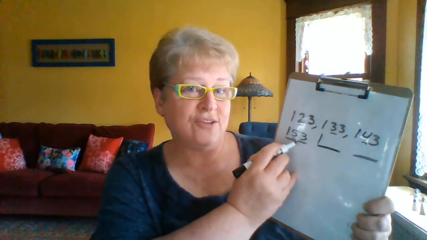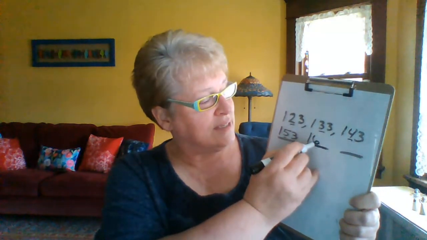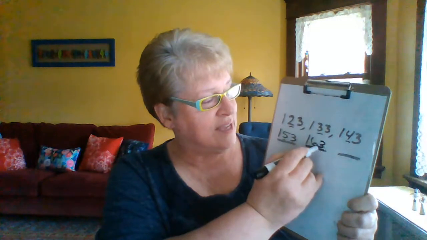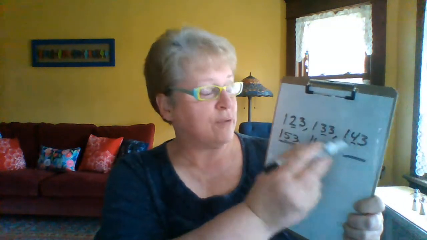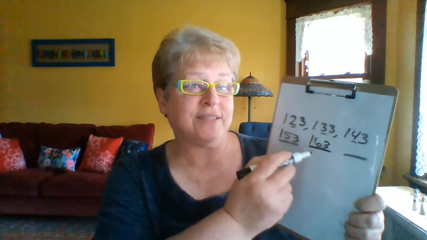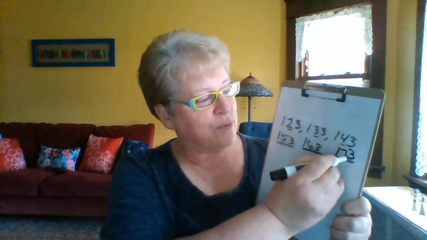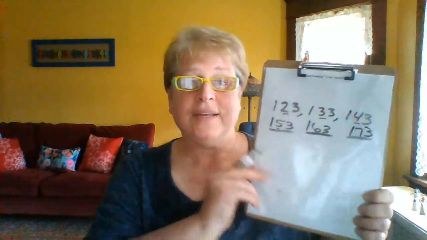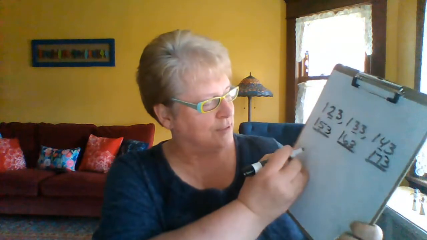What do we change? The 10. 5 becomes 6, and the 1 stays the same. 123, 133, 143, 153, 163. What's next? Good. 173. Great job. Now we can do the same with hundreds where we're playing with those numbers.